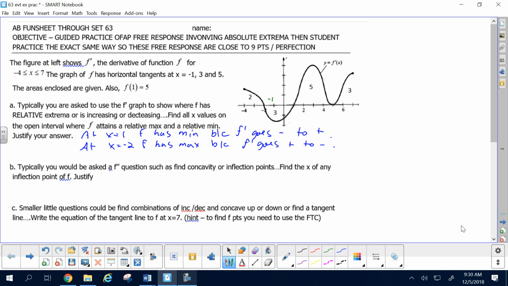All right. It's also pretty typical. They ask you to make some conclusion about f double prime. That could be talk about the concavity or the inflection points. In this case, I'm asking, is there any inflection point of f? Answer and justify. Go. 1 minute.